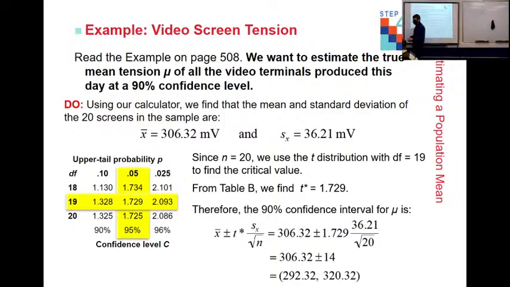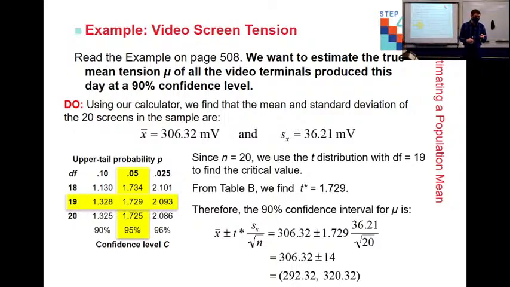Or, the way the book likes to phrase it, we're 90% confident that the interval captures the parameter. It's just a different way of phrasing the same things. But same idea of what you need to say in the interpretation. Number 1, you need to say, we are 90% confident that.